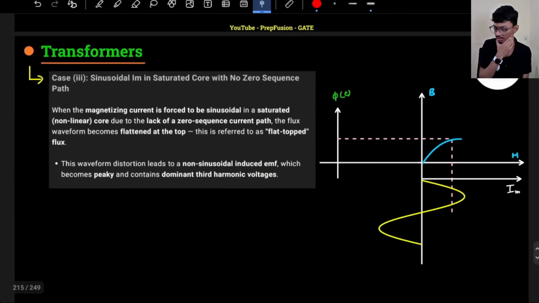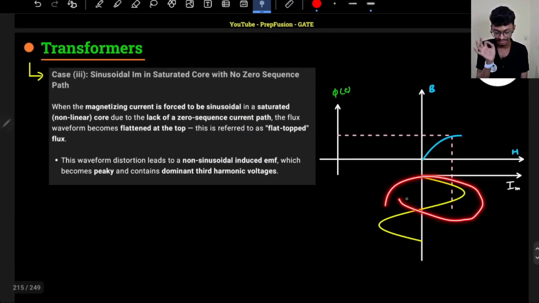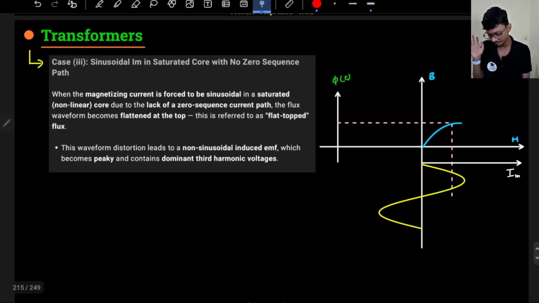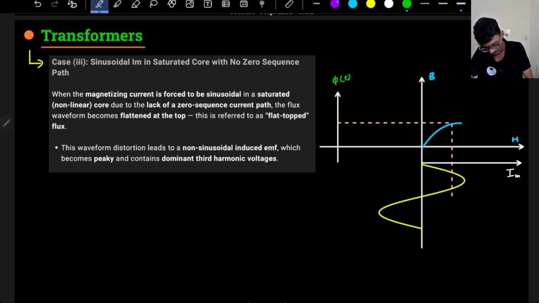But ideally, if I assume that my magnetizing current is purely sinusoidal and the core is a non-linear core with saturation, then what kind of flux waveform will I get? If I do the same analysis, in this particular region my current is increasing, so my flux is increasing.